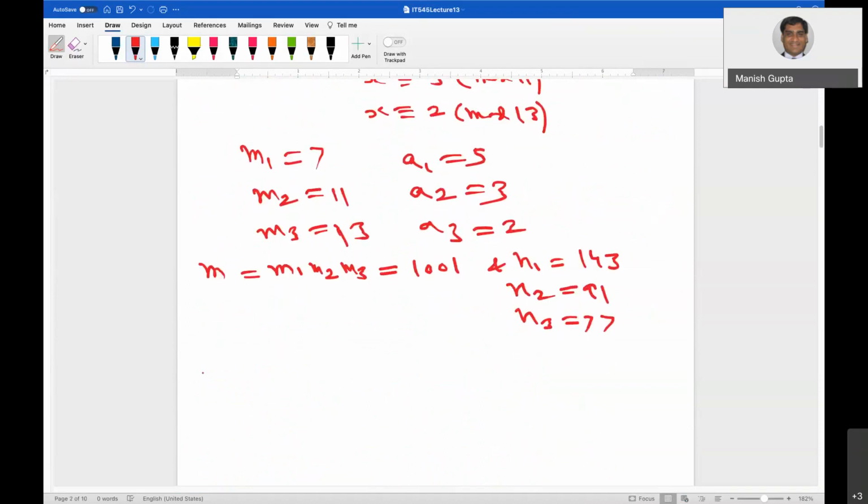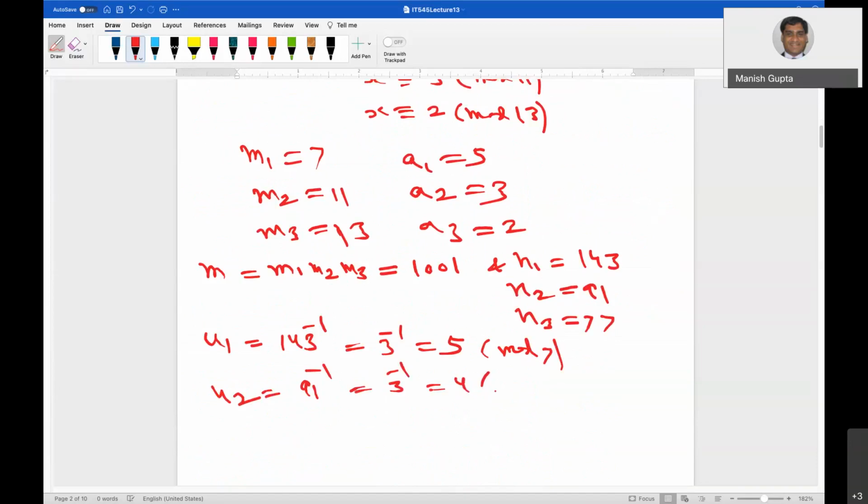So u1 will be 143 inverse, which is nothing but 3 inverse, which is the same as 5 modulo 7. u2 is 91 inverse, the same thing as 3 inverse, the same thing as 4 mod 11, and u3 is 77 inverse, the same thing as 12 inverse, the same thing as 12 mod 13.